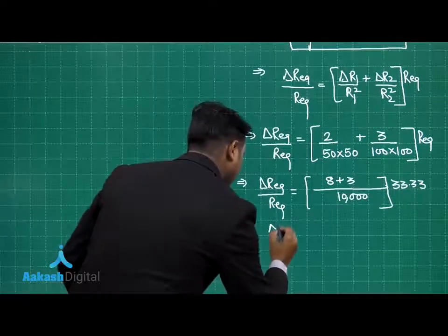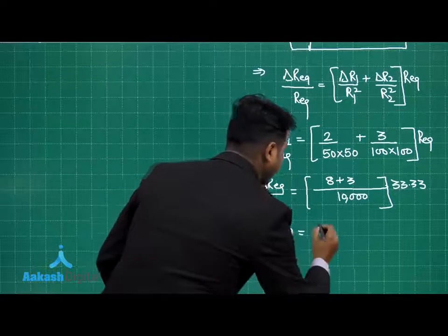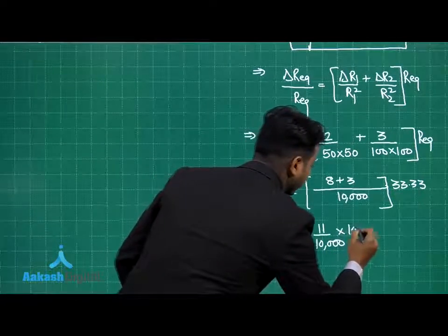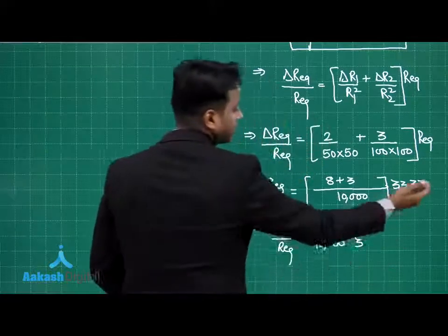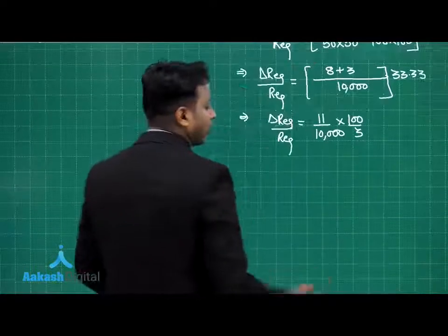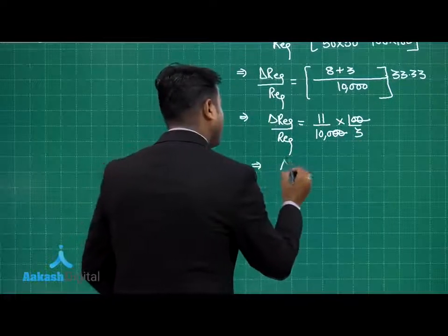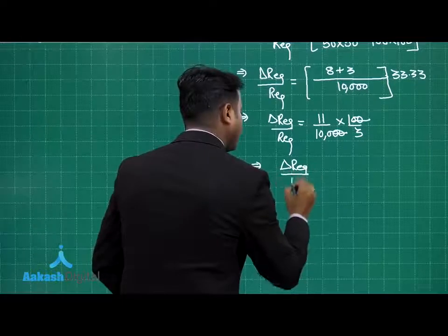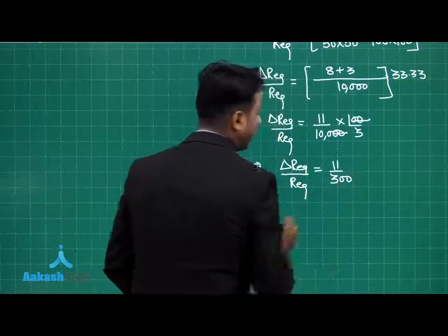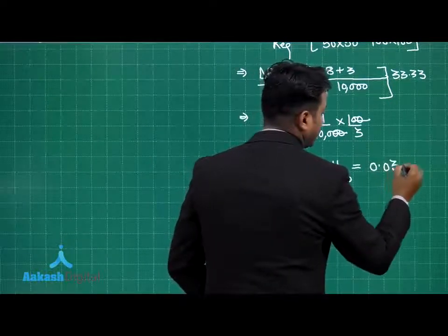So this delta R equivalent by R equivalent will simply be 11 by 10,000 multiplied with 100 by 3, because this 33.33 was actually 100 by 3, and if I solve it up, this will cancel and we are left with delta R equivalent by R equivalent as 11 by 300, and if I solve it up, this will be 0.036.